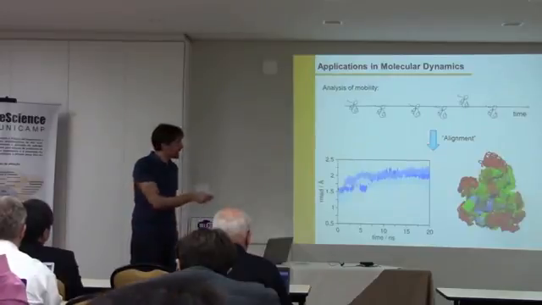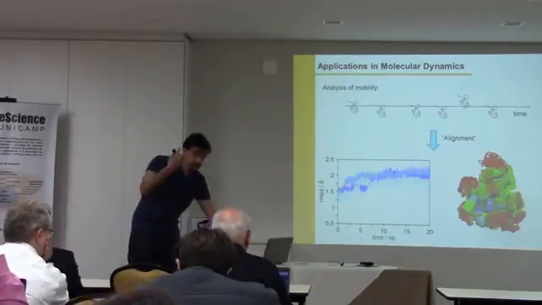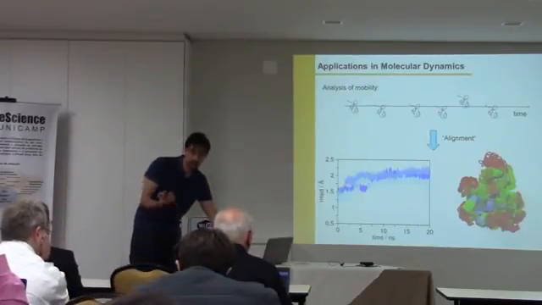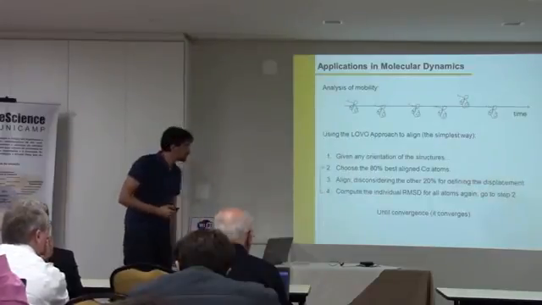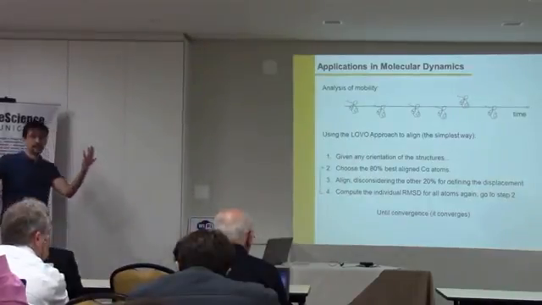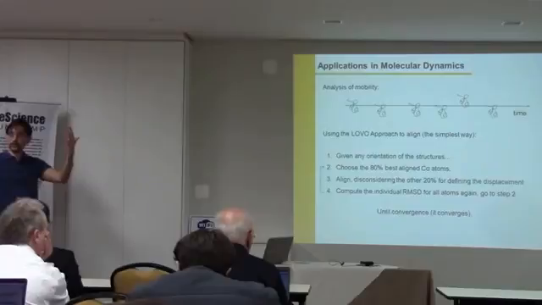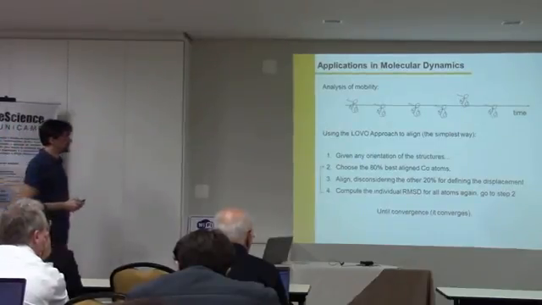Usually what we do is to align all atoms using a rigid body overlap strategy to align the structure at each point of the simulation to the initial structure of the simulation, for example.